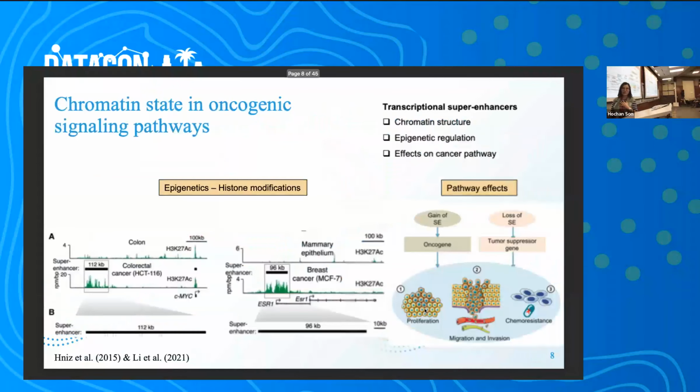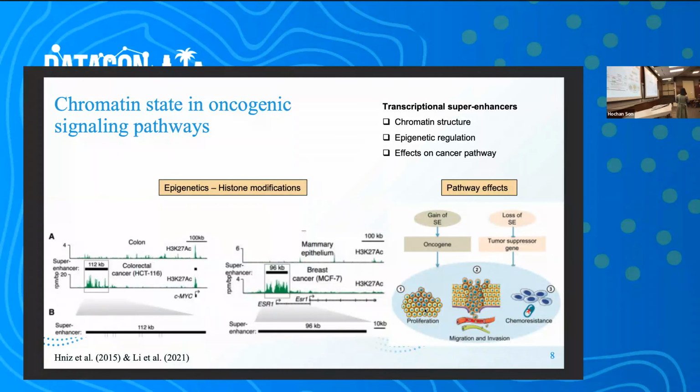Okay. All right, so how do we put both chromatin structure and epigenetic regulation in one space, and how do we make sense of its contribution to the cancer pathway? Earlier I mentioned the chromatin structure making the loop, bringing everything closer in space so that it can control the gene activity.